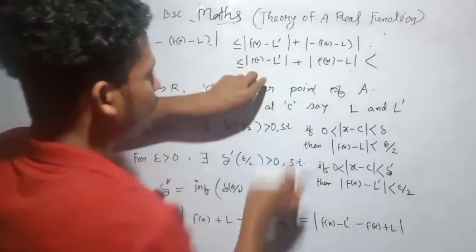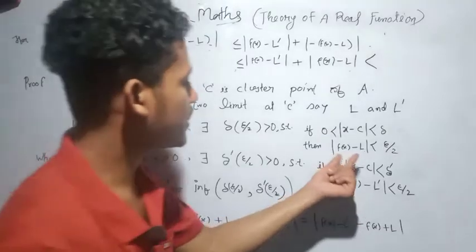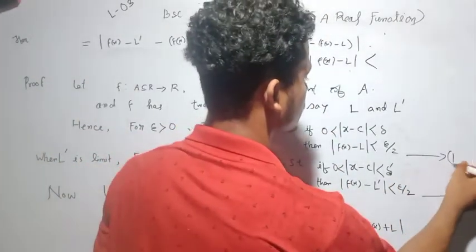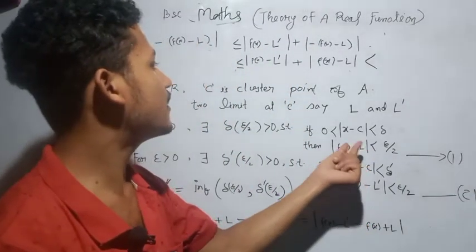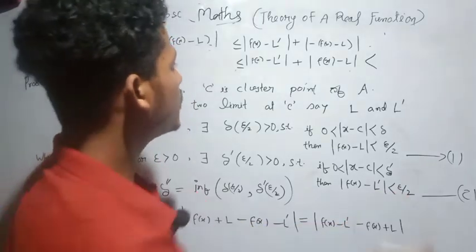Now look here. This is 1, this is 2. Modulus of f of x minus L dash is less than epsilon by 2, and modulus of f of x minus L is also less than epsilon by 2.